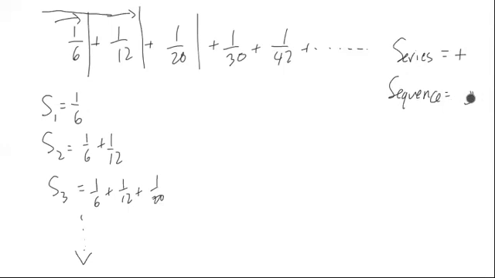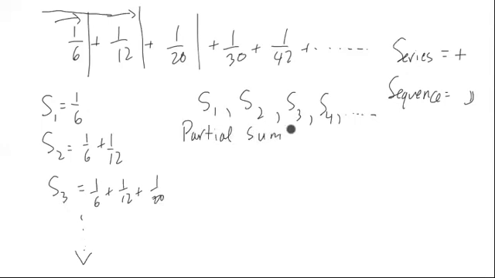Okay, but notice that actually out of this series, we get another sequence, namely this one, S1, S2, S3. We're getting a sequence list right here. And these are called the partial sums: S1, S2, S3, S4, and so forth. Now, these partial sums form a sequence.